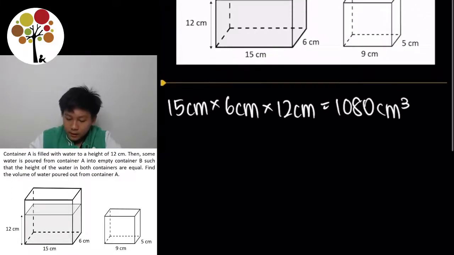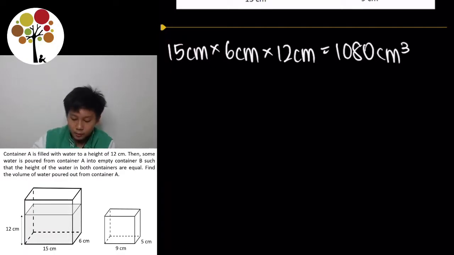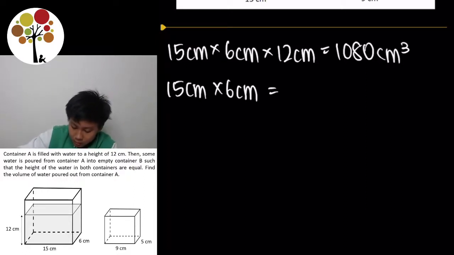So now, since they are of the same height, we can combine both their bases together to find out the height of the water level. So the base of container A, which is basically the area as I said before, is just the length times breadth, which is 15 cm times 6 cm, which is equal to 90 cm squared.